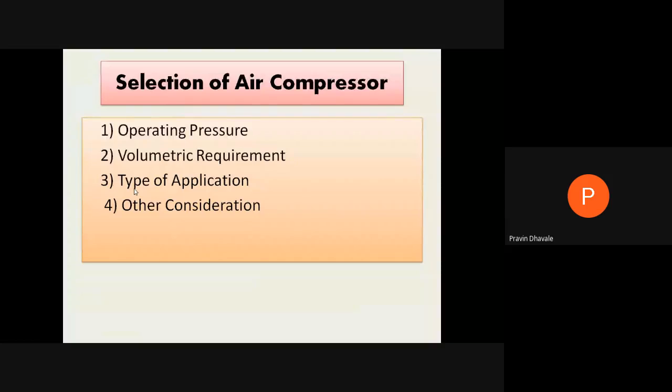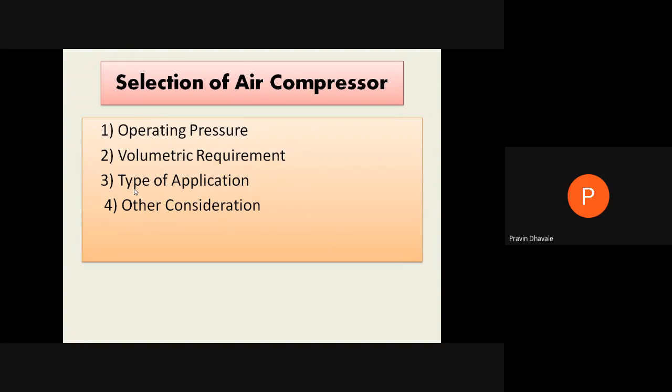For such industries, we always mount one central compressor which will compress the air and store it in one single reservoir. And from that reservoir, we can supply the compressed air as per the requirement of various pneumatic systems, used in any kind of industry or any kind of automation, right?